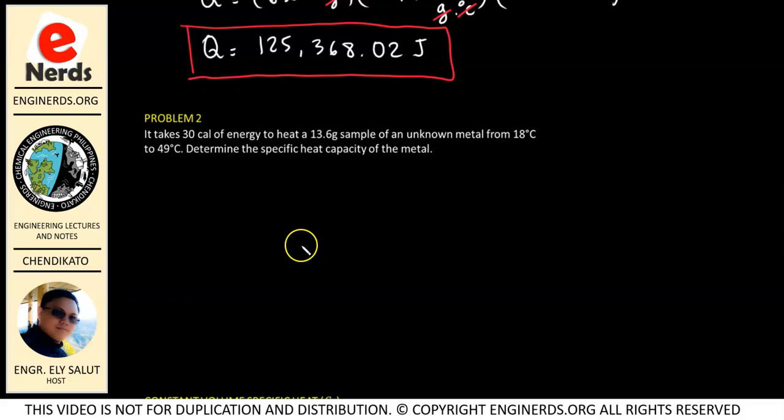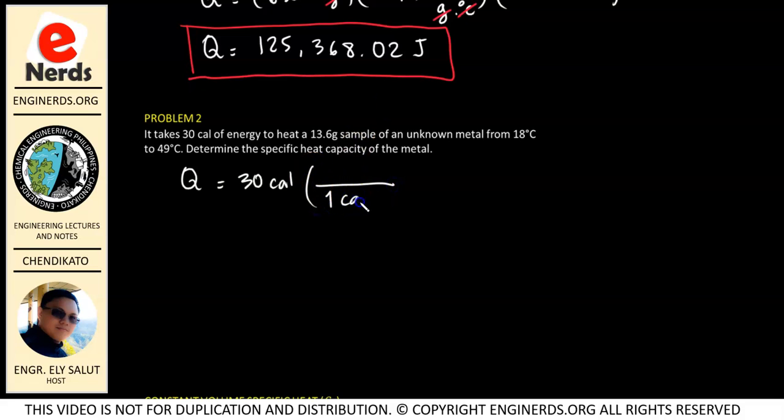Okay, so given yung ating energy Q, which is 30 calories, no? So let us convert this first into joule, okay? Because we will be deriving our heat capacity in a unit joules per gram per degree Celsius. Okay, so our Q on this case is equal to 30 calories, and we're going to convert that into joules.